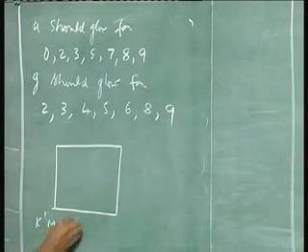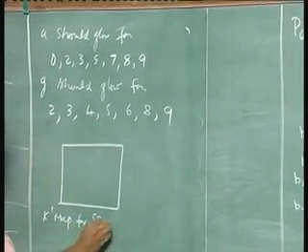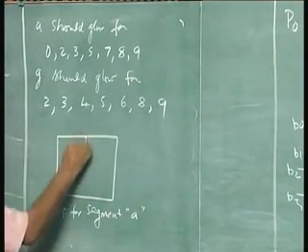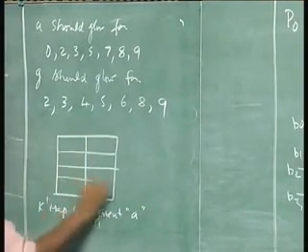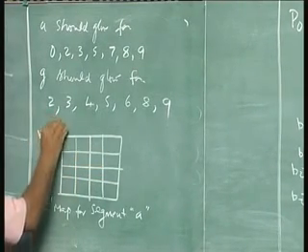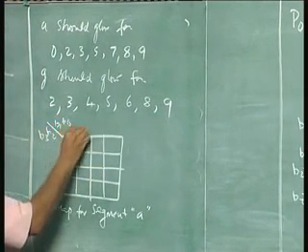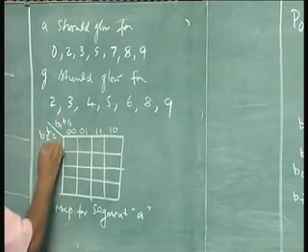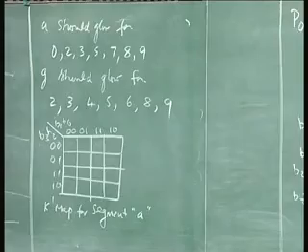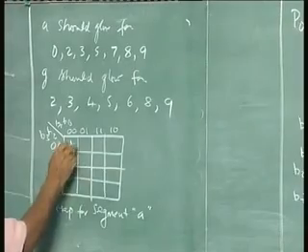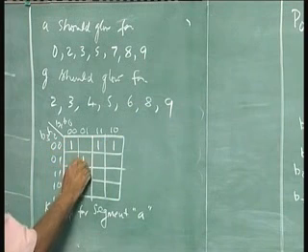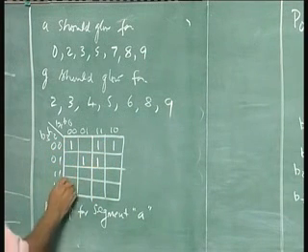K-map for segment A. B3, B2, B1, B0, it is 1, 0, 1, 1, 0, 1, 0, 1, 1, 1.